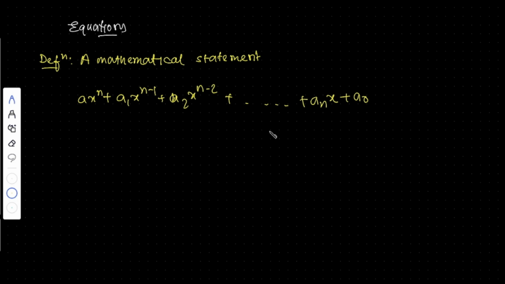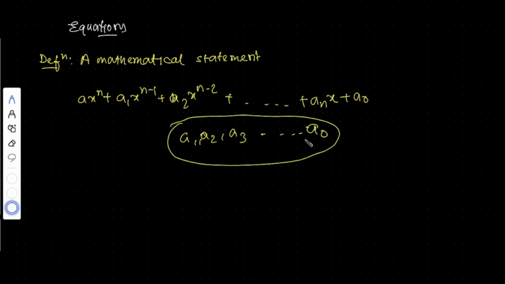And mind the fact that a1, a2, a3, all these till a naught, these all terms are constant and the x here is variable only. Variable. And two more conditions are there.